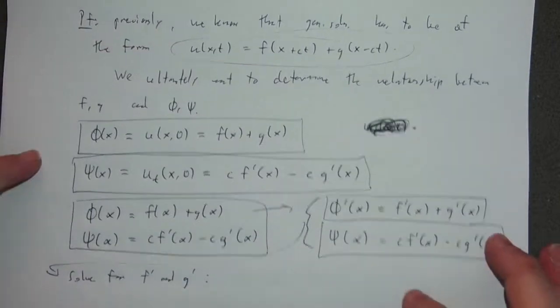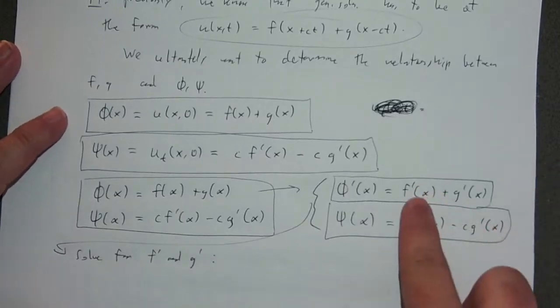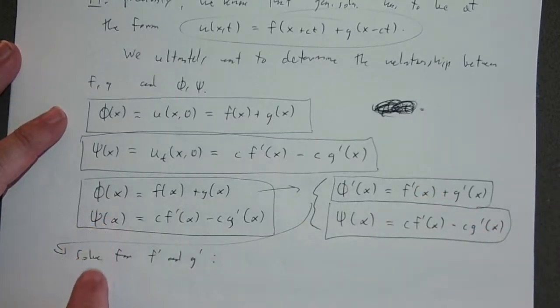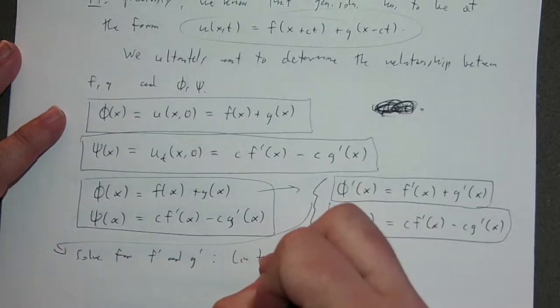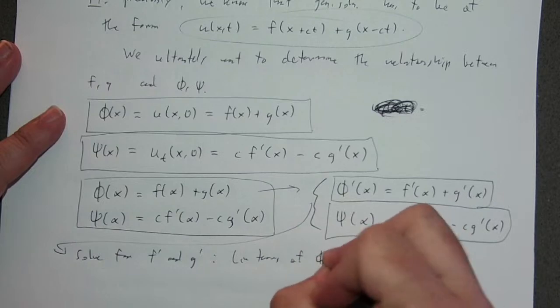And of course, when I say solve for f prime and g prime, this is going to be in terms of phi prime and c.